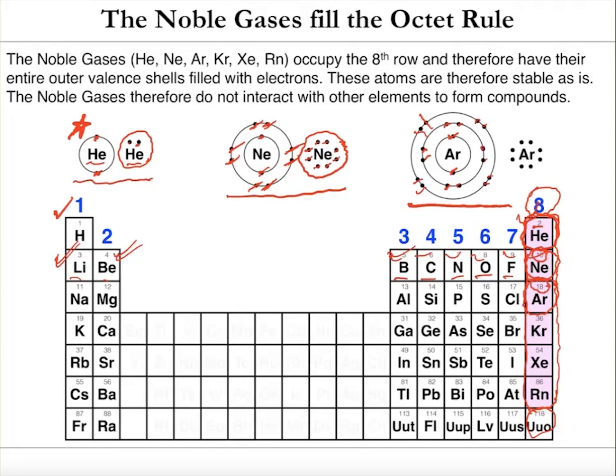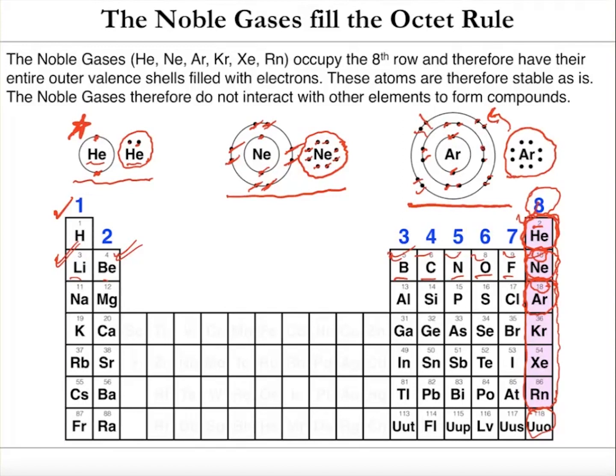So argon is also a stable noble gas. You can just depict it like this, just showing those electrons in the outermost valence shell. So the noble gases already fill this octet rule without having to interact with any other atoms.